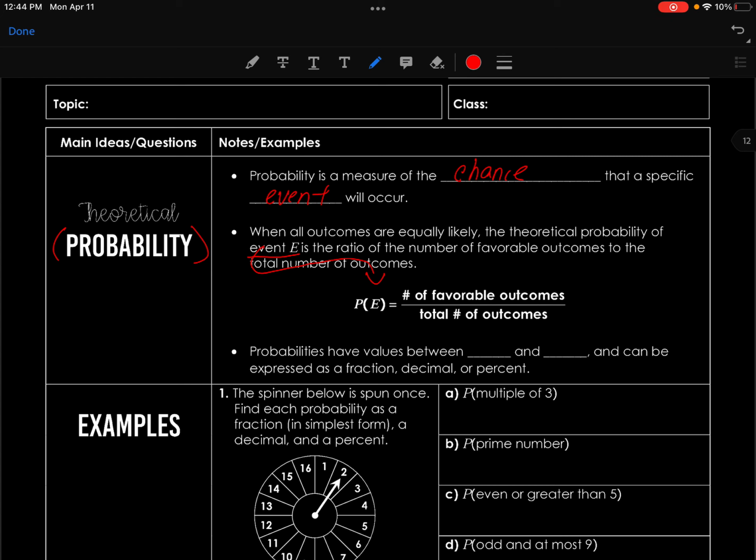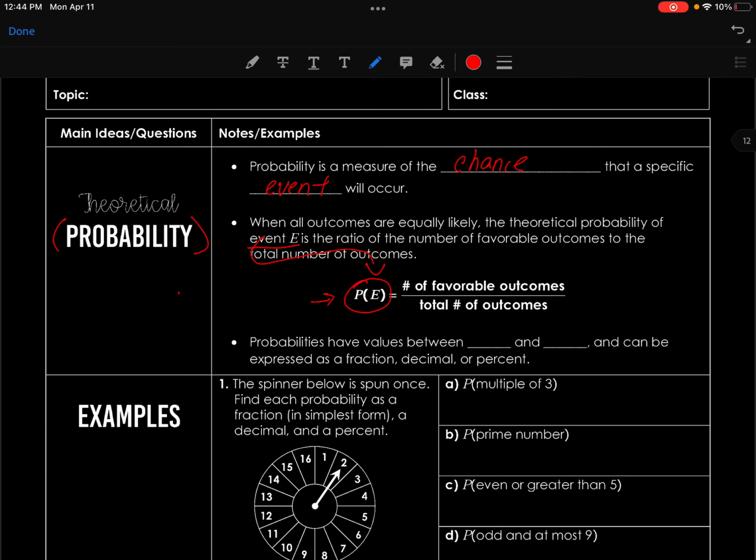Here we have probability of event. That is read as probability of event is equal to the number of favorable outcomes over the total number of outcomes.